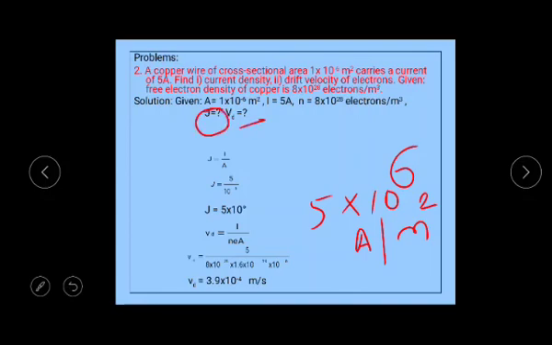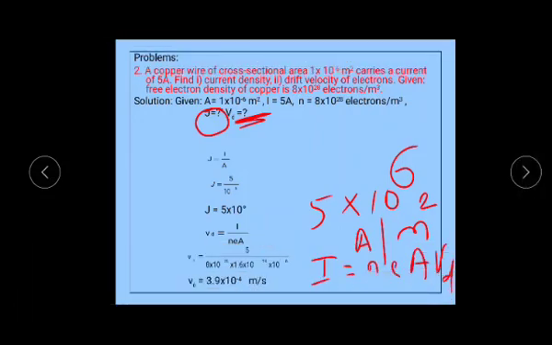So first one we have calculated J. Now, let us calculate the drift velocity. To calculate drift velocity, you can use the relation I = neAVd. So, shift the term here, you will get Vd = I/(neA). Substitute the values now. I is equal to 5 ampere.